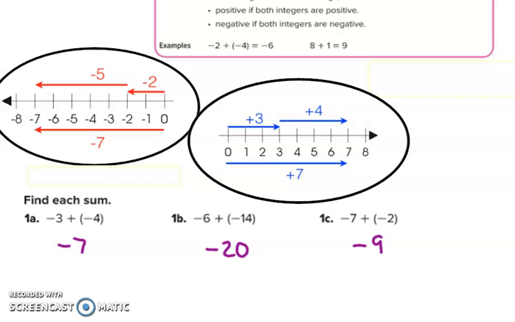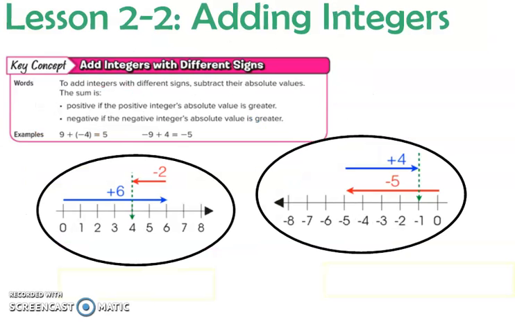Now this one right here is taking a negative plus a positive. We've got positive 6. Start from 0. You always start from 0. We're going to add a negative 2, and you're going to get a positive 4.